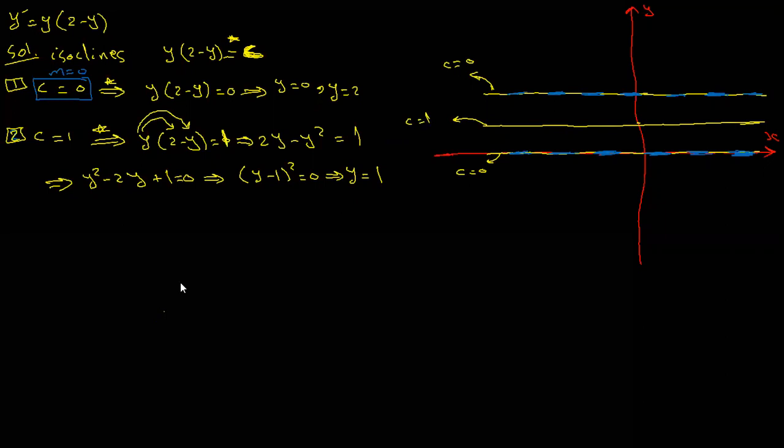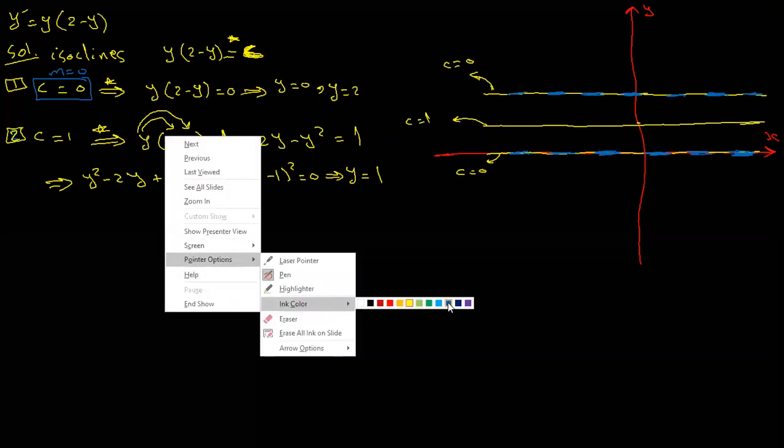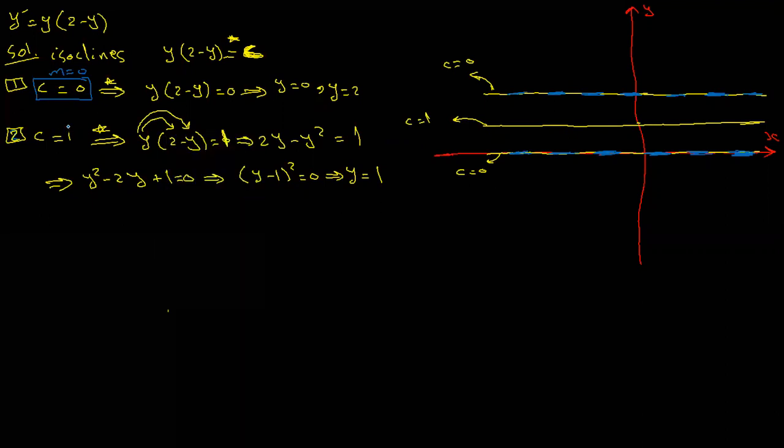Now on it, I'm going to draw a slope field of line segments with this slope, so m equals 1. That means the line segments are parallel to y equals x, the bisector of the first quadrant. So it will be like this. Am I right? Yes.